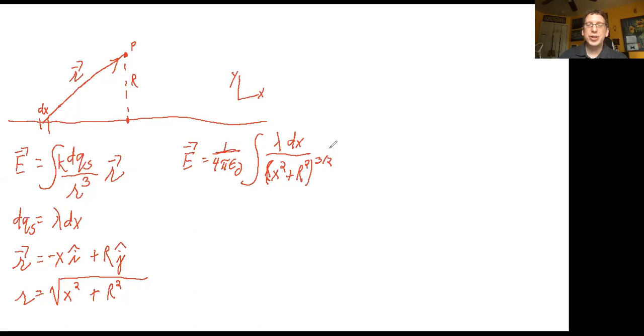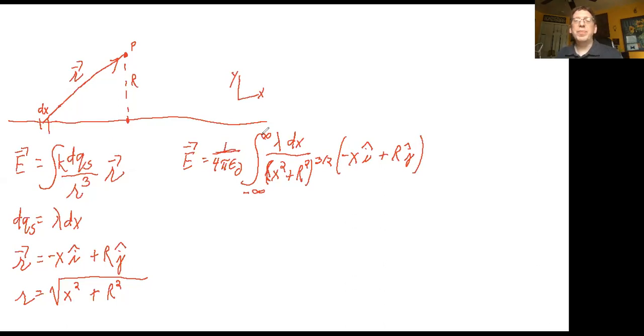And then that's equal to negative x i hat plus R j hat. And so that is the integral that we're evaluating over, and we're evaluating x from negative infinity to positive infinity.